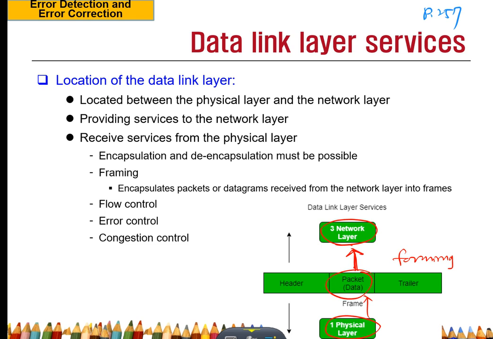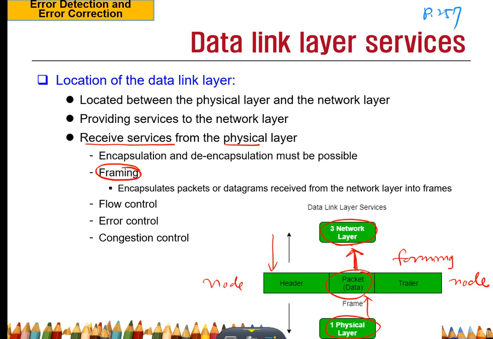So the data link layer receives services from the physical layer, and encapsulation and decapsulation should be provided. One of the important things is framing: when delivering data from the network layer, it should form the frame, and then between the nodes this frame will be delivered.